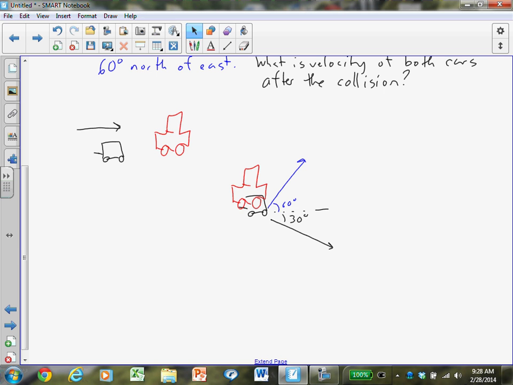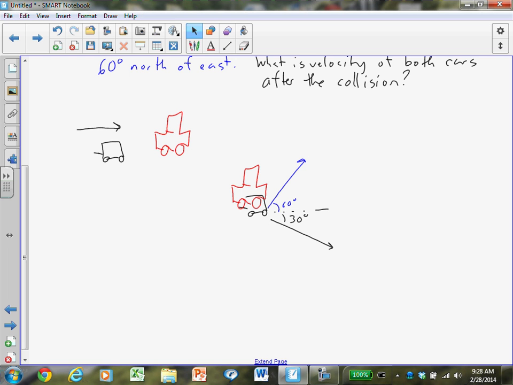But you can't just use m1 v1 plus m2 v2 equals m1 v1 prime without the vectors in it. So you can't just do it straight as 1 dimension. You have to do it as 2 dimensions.